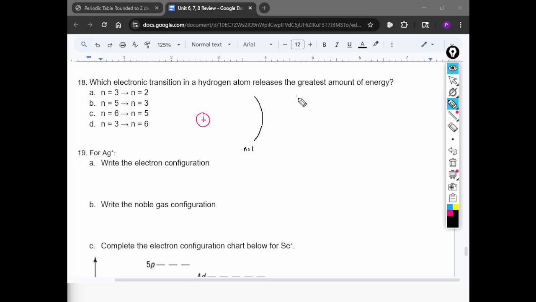And then as you go higher in energy levels, they get even closer to each other. N equals 3, I'm just drawing them a little arbitrarily, but the point is they get closer. N equals 3 might be right over there. N equals 4 might be right over here. 5 would be even closer, and so on.